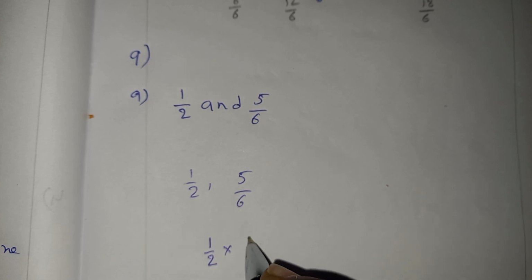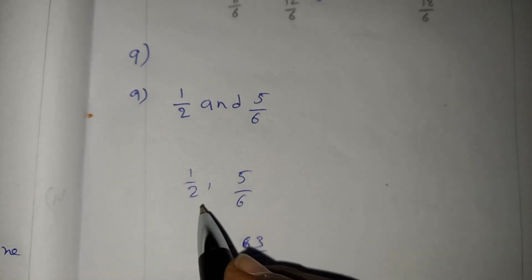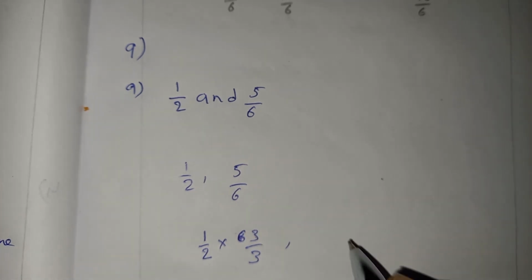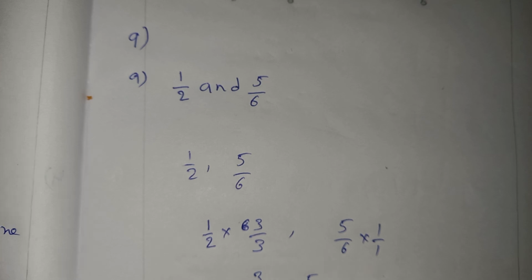1 by 2 into 3 by 3. After 6 is cancelled with 2, it will be 3 only, no? And here 5 by 6 into 1 by 1. So it will be 3 1s are 3, 3 2s are 6, comma 5 by 6.